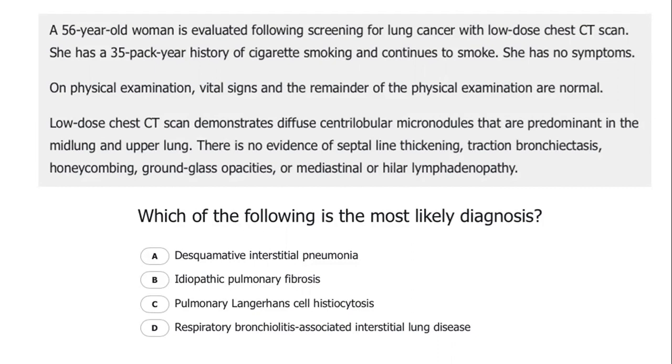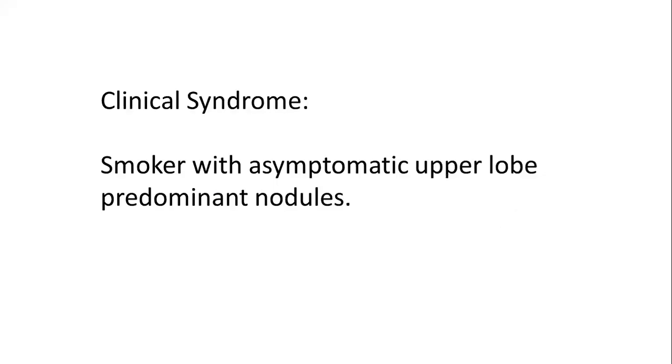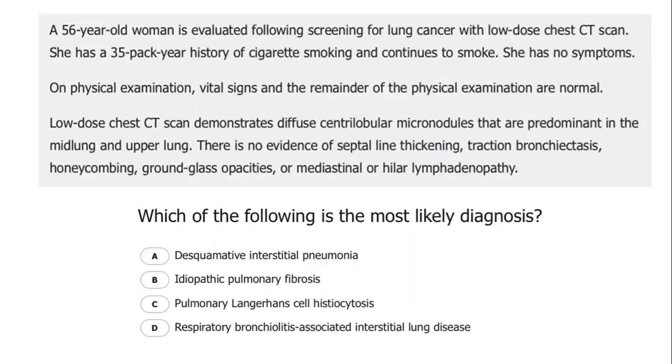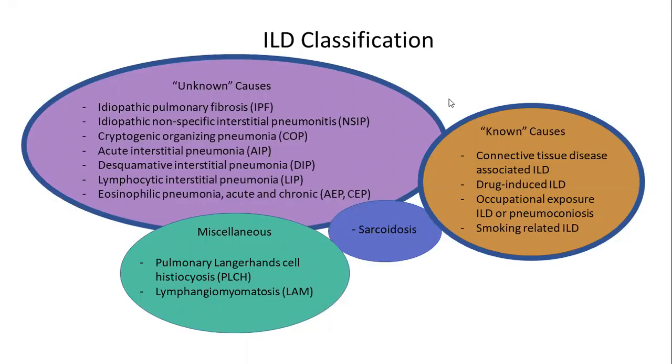Sixty-year-old asymptomatic woman with 35-pack-year history of smoking, low-dose CT showing nodules. Okay. Agreed. Smoker, asymptomatic, upper lobe predominant nodules. So what do you think she has? D. Great. Respiratory bronchiolitis associated ILD, RB-ILD. Okay, excellent. Yeah, we talked about those.